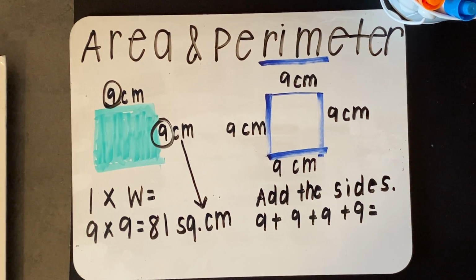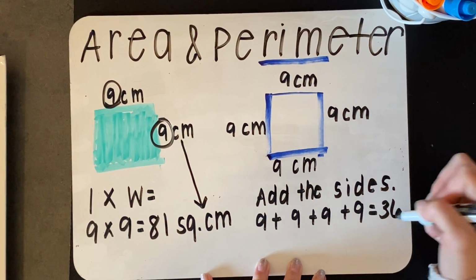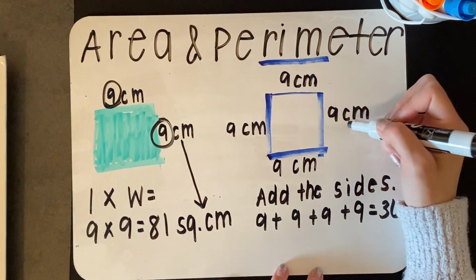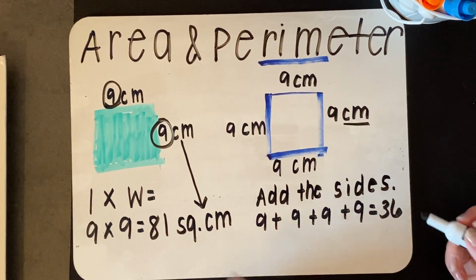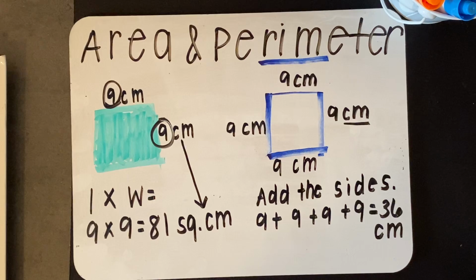So take a second to think. 9 plus 9 plus 9 plus 9 equals 36. And for perimeter, we just use the regular unit. We do not need to write square. That's only for area. So our perimeter of the shape would be 36 centimeters, and we found that by adding the 4 side lengths.